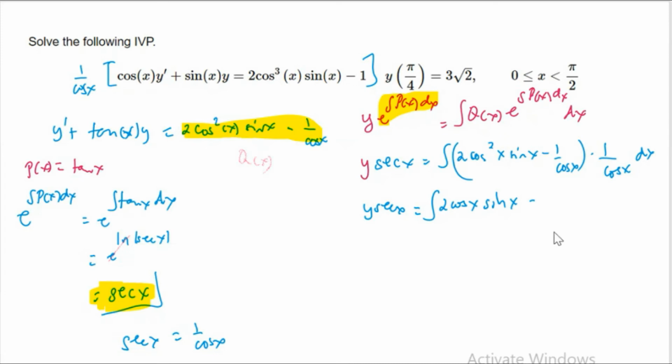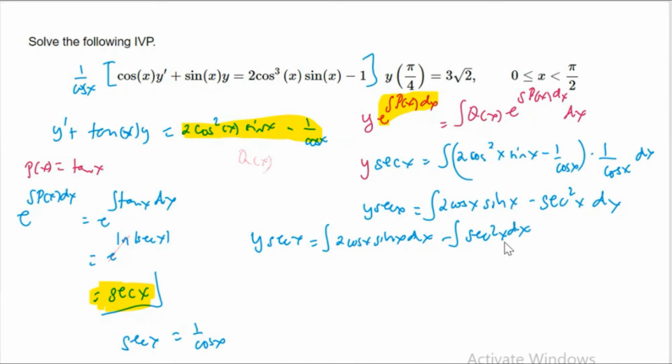And 1 over cosine squared x can be written as secant squared x, dx. Now I'm going to separate the two terms. So we can write y secant x is equal to the integral of 2 cosine x sine x dx minus the integral of secant squared x dx.